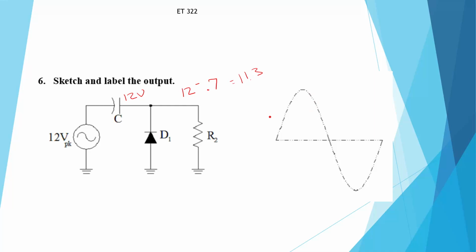So I'm going to just change our diagram here, and I'm going to make this 11.3 volts. And this guy is going to dip in to minus a diode value, 0.7 volts. Okay.